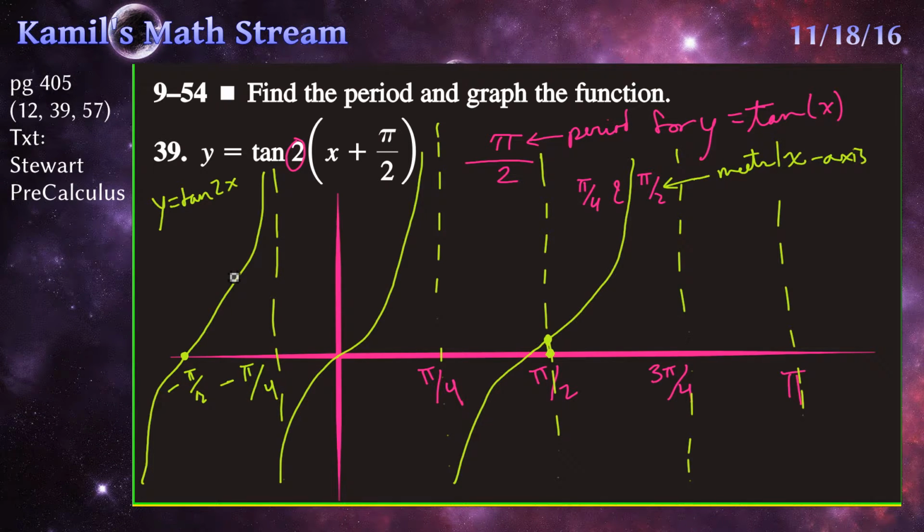If we're going to move it pi over 2 to the left, because it's a plus here, this is 0 and this is pi over 2, so whatever's here should be here. We're just going to shift everything this way, and it seems to be the same.